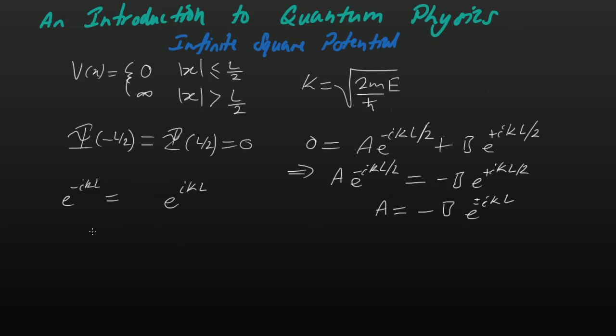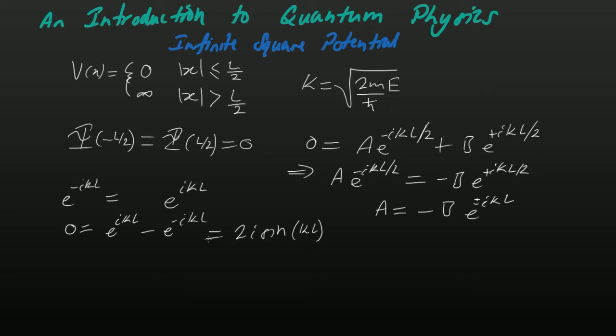I'll move that all to one side and we get 0 equals e^(ikL) minus e^(-ikL). Wow, what do we find? We find something very nice. This is also again this kL.